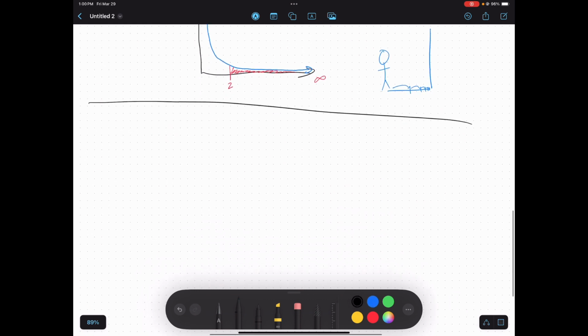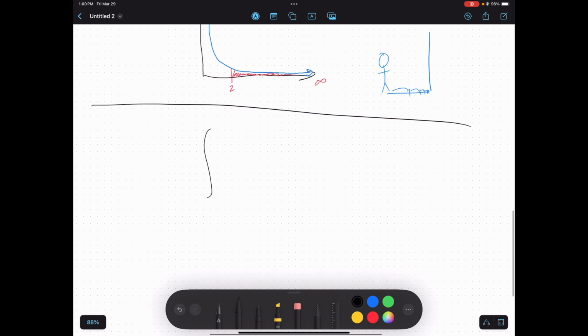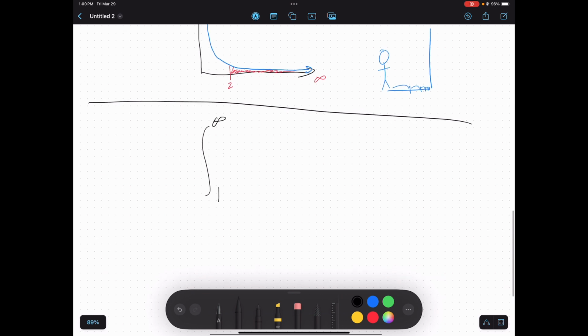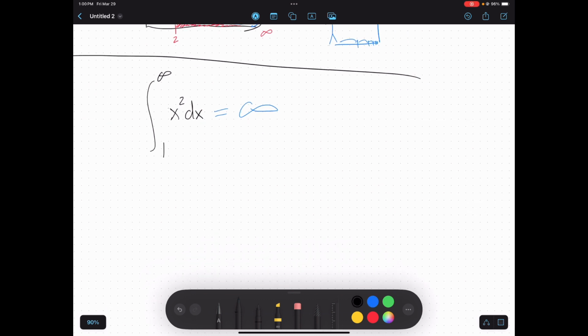Now, of course, that's not always the case. Let me give you a pretty obvious example where it's not going to be the case. Let's go from 1 to infinity of x squared dx. Is this area going to be finite? Absolutely not. This area definitely ends up being infinite. Why? Because we know what the x squared graph looks like. The x squared graph looks like this.